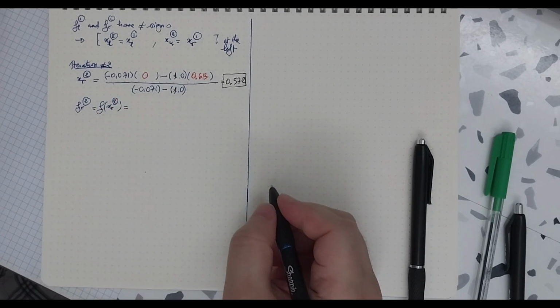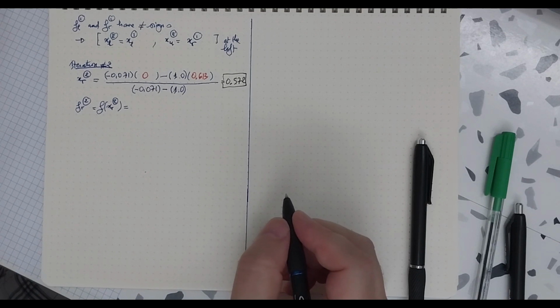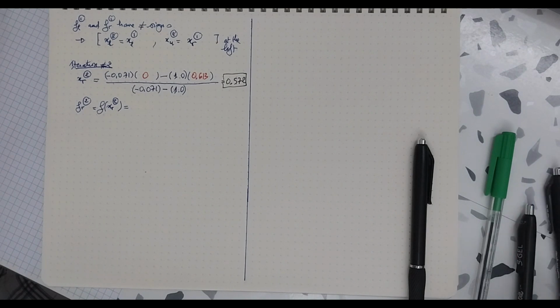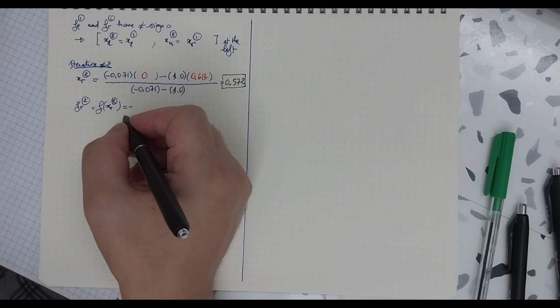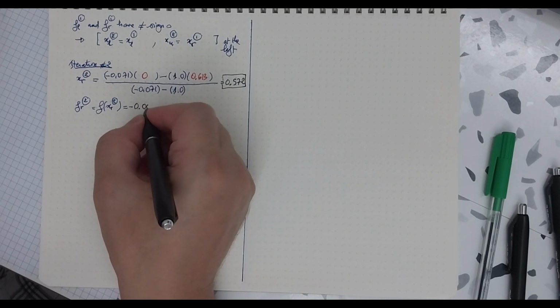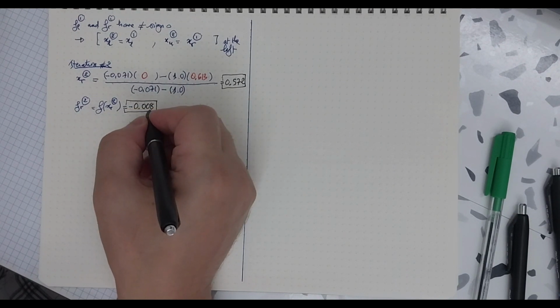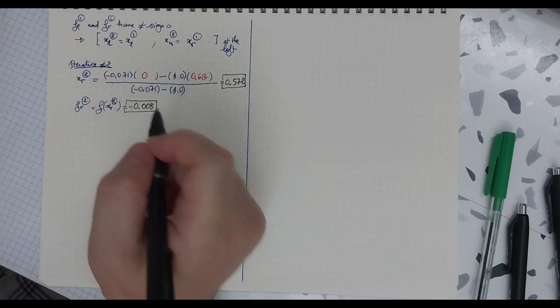And when I use the function exponential of minus x, I found the value, try to do that with me, minus 0.08. So its absolute value decreases and tends to 0.